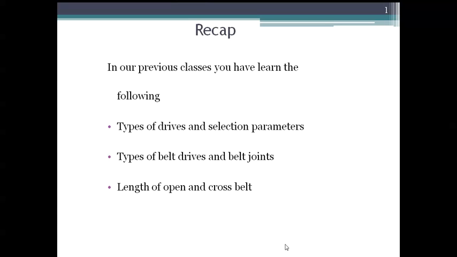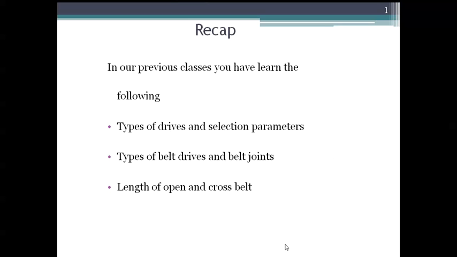And next one is length of open belt drive and crossed belt drive. The length of the open belt drive can be found by using L equal to pi into (R1 plus R2) plus (R1 minus R2) whole square by D plus 2D, where R1 and R2 are the radii of the two pulleys and D is the center distance between the two pulleys.